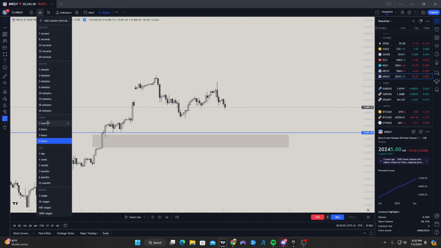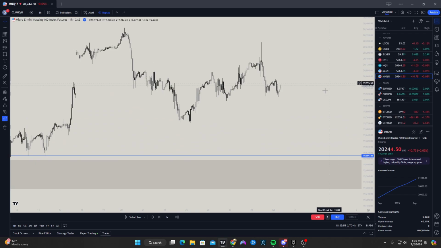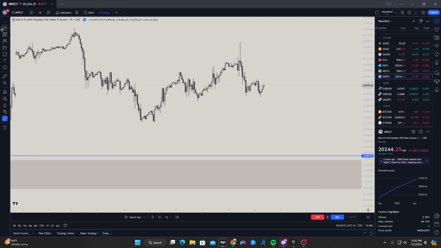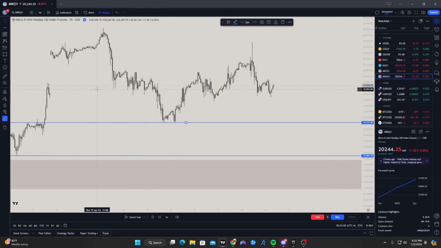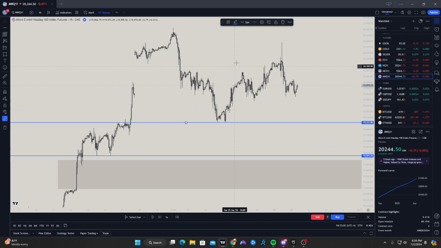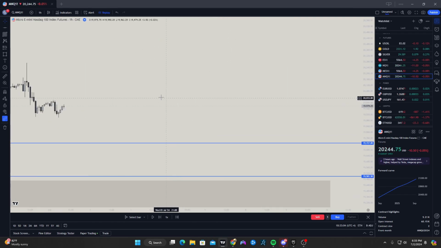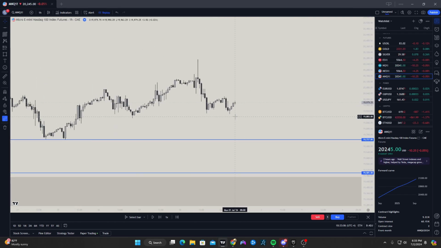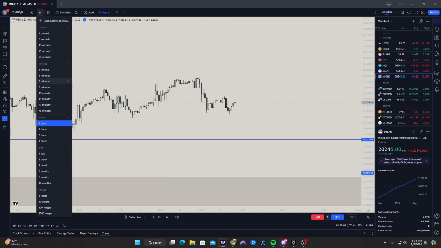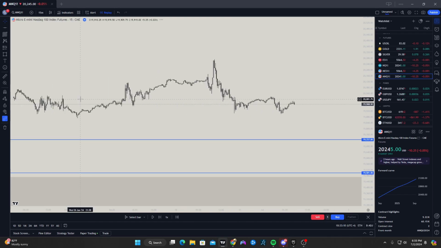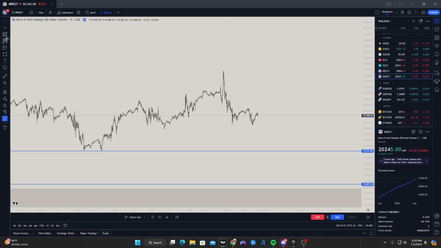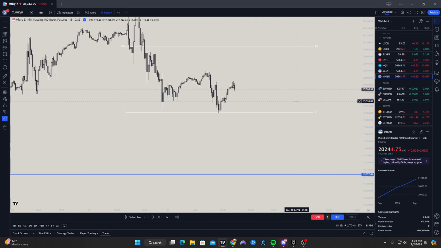So we can scale down to the hourly. Target these lows, hourly liquidity. We can see this imbalance has been filled. And it's 8 o'clock right now. Could scale down to 15 minute to look for more confluences. Obviously, we can mark out this equilibrium right here.